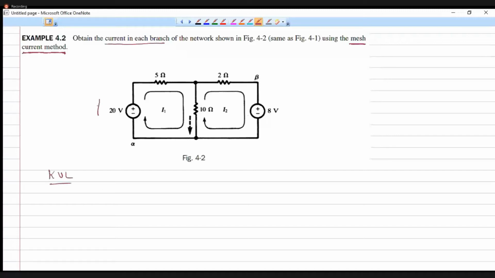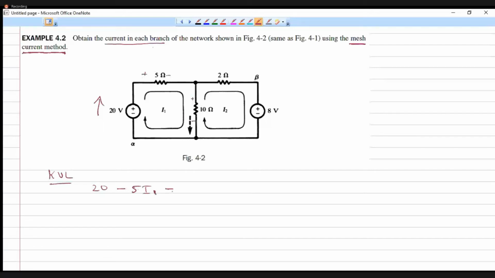So starting from here, I have 20 minus, here voltage drop is going to happen, right? 5 I1 minus. Why is it minus? Because it's again a passive element and I am traversing in this manner.